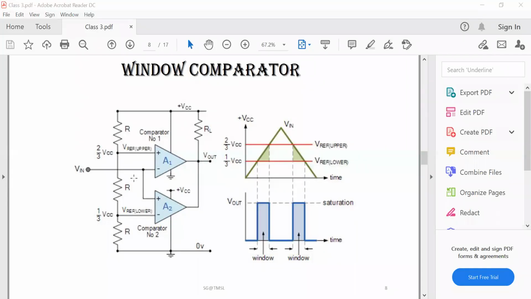As V in continues to decrease, it passes the lower voltage level V reference of the first op-amp comparator, once again switching the output low. The difference between V reference upper and V reference lower creates a window for the negative going pulse.